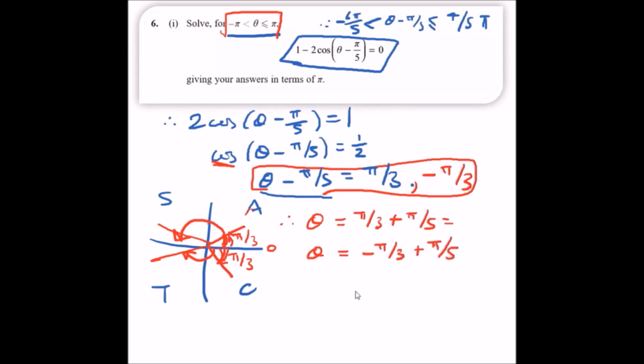And what do these both give you? Well, the first one is going to give you 8 pi over 15. And the second one, minus pi over 3 plus pi over 5, should give us minus 2 pi over 15.